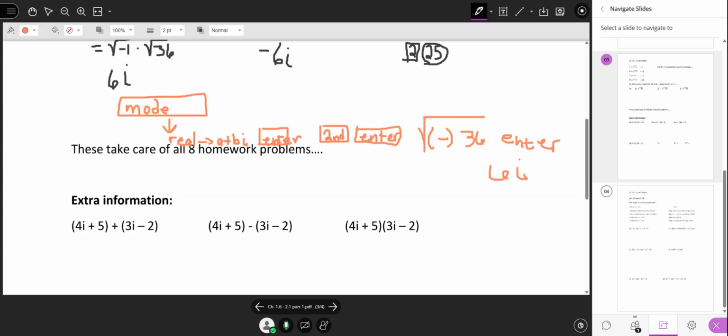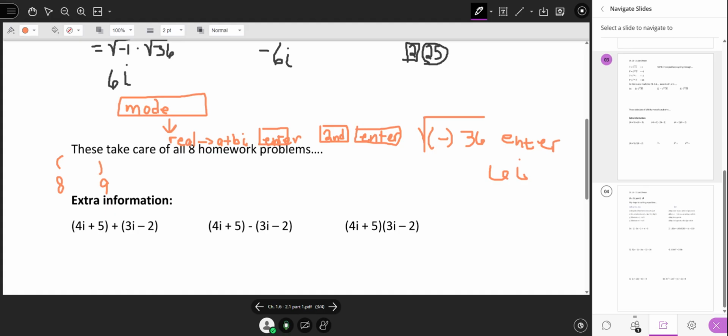Okay. Now, a couple of extra pieces of information. Parentheses are above the 8 key. Here's the open parenthesis. Above the 9 key is the close parenthesis.